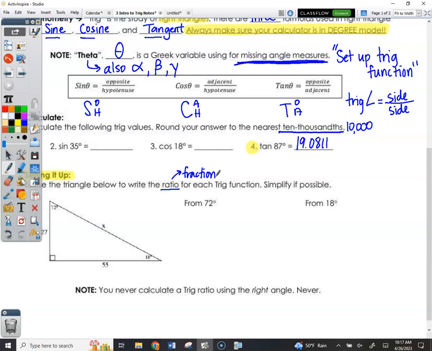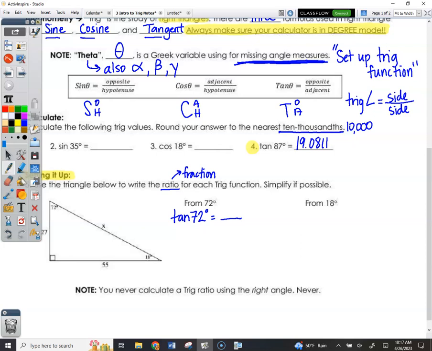Tan, what's the angle? 72 equals fraction bar. The fraction bar gets filled in with the formula for tangent, which are always the sides, opposite and adjacent in this case.